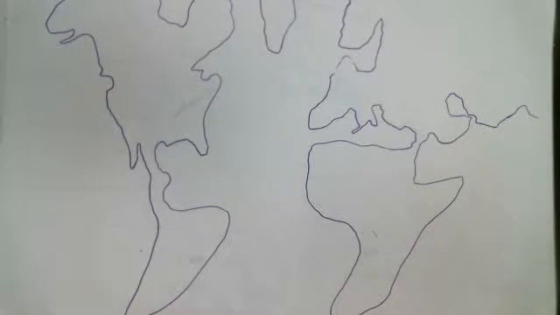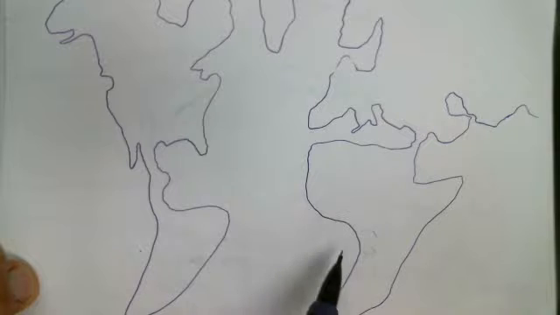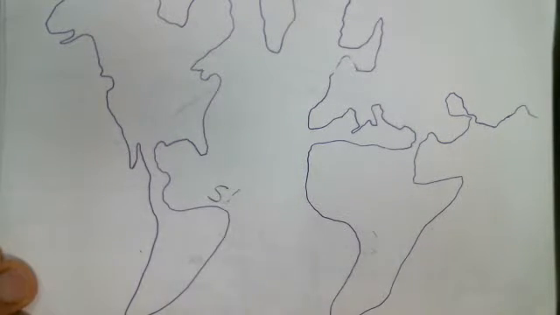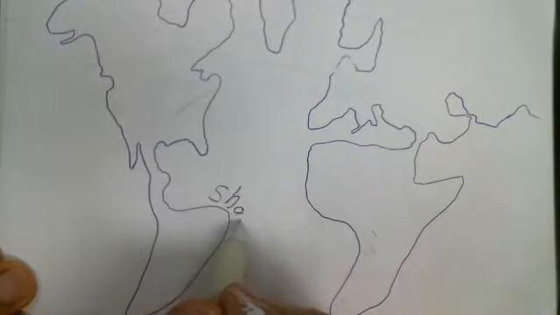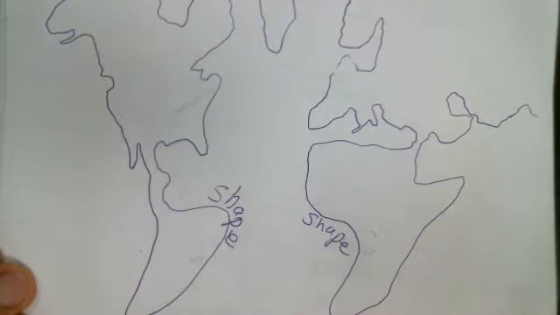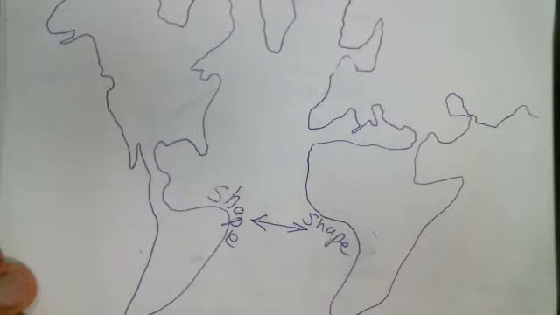And one of the evidences that he really latched onto was the shape of the continents, particularly South America and Africa. So I want you to write the word shape here. The shape of that coastline and the shape of this coastline seem to fit together. So would you please write those two words with arrows showing that the shapes fit.